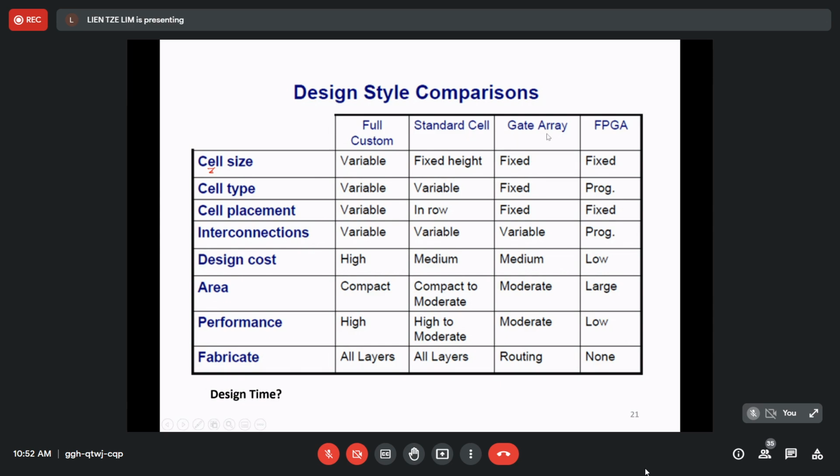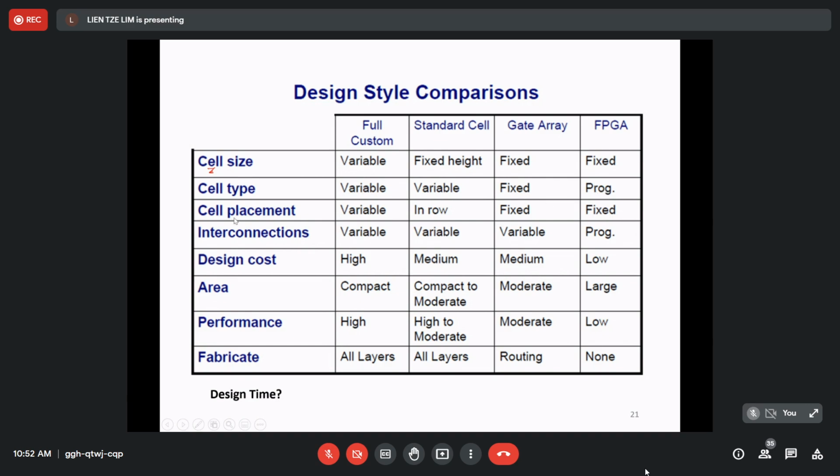For gate array, the size is fixed, and for FPGA, the size of the cells is fixed. For the cell type, it is variable for full custom, variable for standard cells, fixed for gate array, and programmable for FPGA.